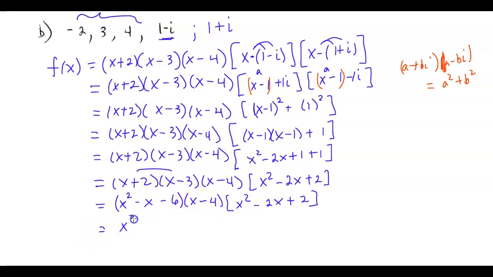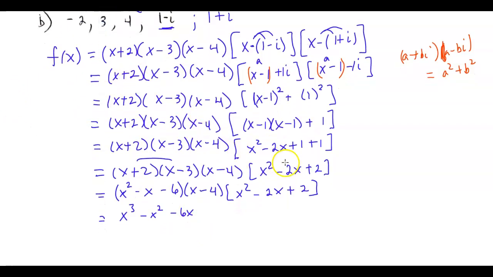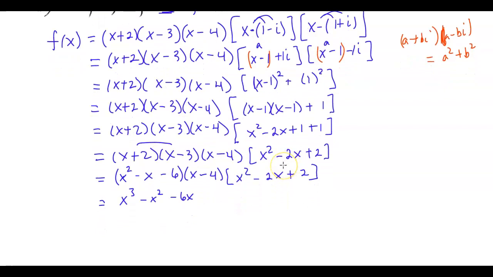So that will be x cubed minus x squared minus 6x. I'm going to write this in an unconventional way just to make keeping up with what we're doing a little bit more simple. I'll basically take an x and multiply it times all 3 terms here, and I'm going to do the same thing with the negative 4. Negative 4 times x squared is a negative 4x squared.